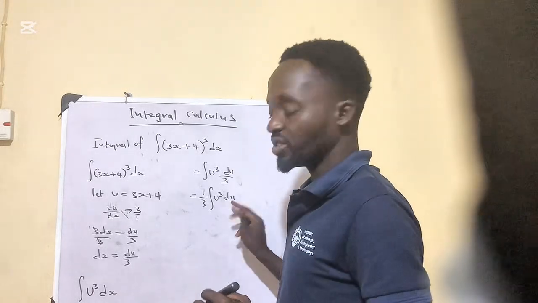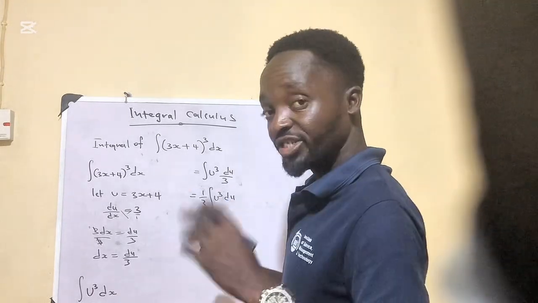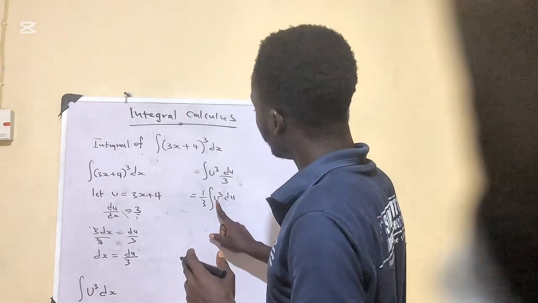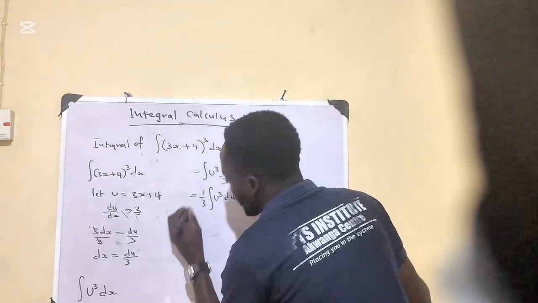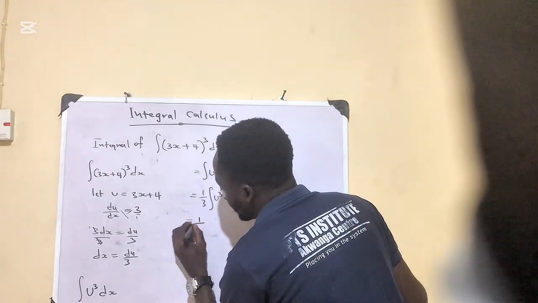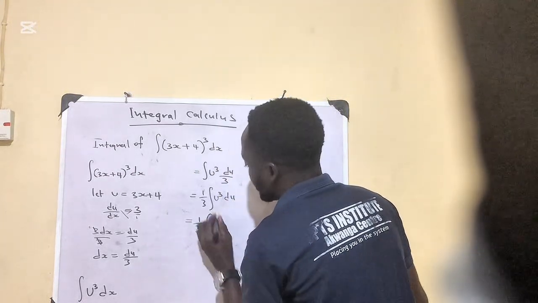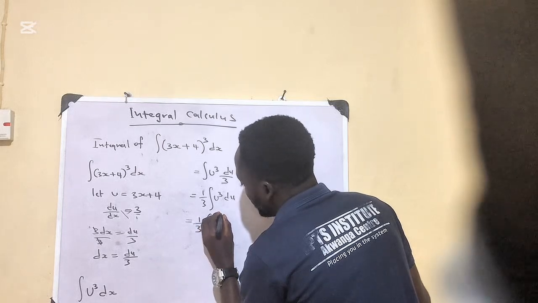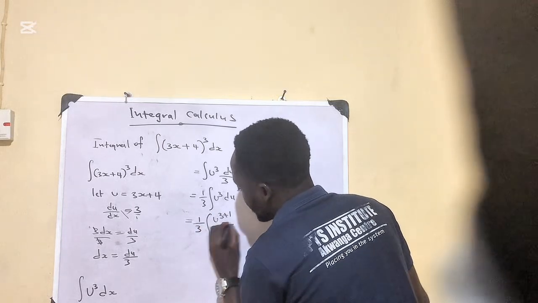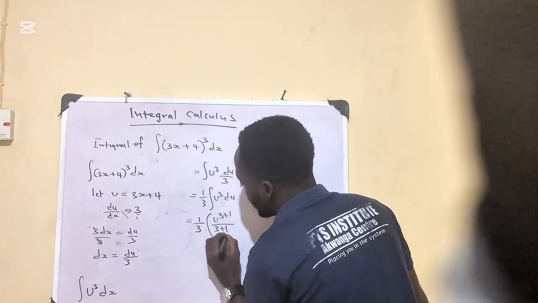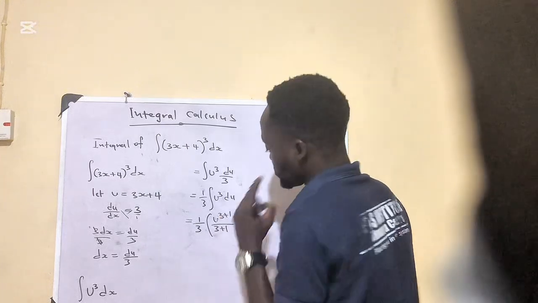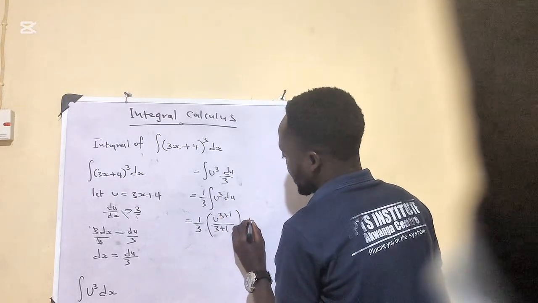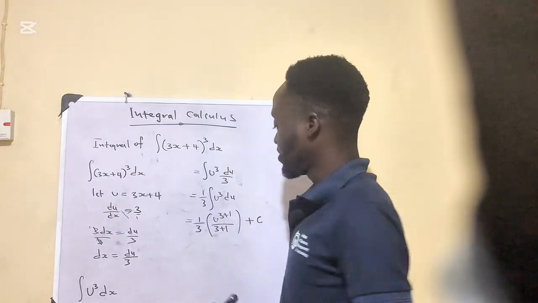So from here, we are going to integrate this u with respect to u. We're just going to carry out normal integration. If you are integrating, remember, we always add 1 to the power, and then we divide by whatever we get up there. And remember, we always add our constant of integration after integrating.